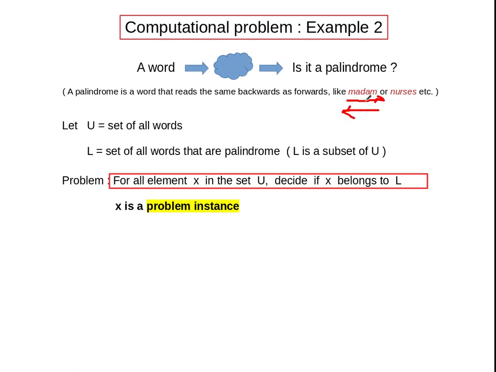The universe of input is the set of all words, and L is the set of all words that are palindromes. Again, L is a subset of U, and the problem is, for all x in U, decide whether x belongs to L or not. If you are talking about some specific x, that is a problem instance. The problem is when you ask it for all x.